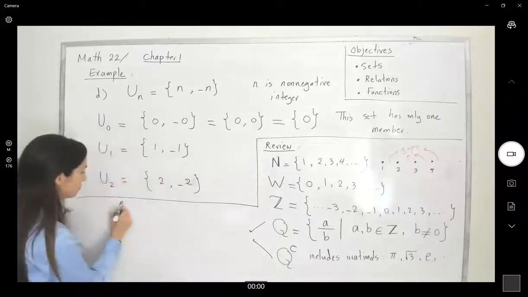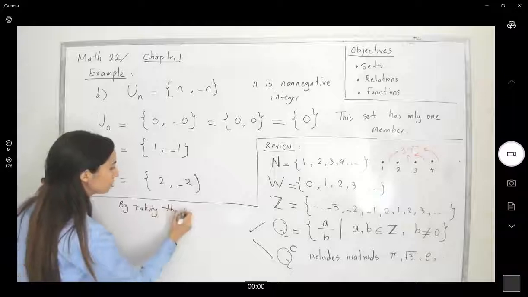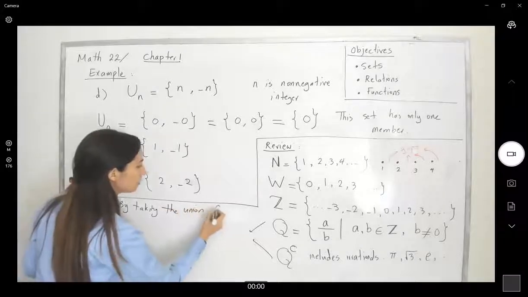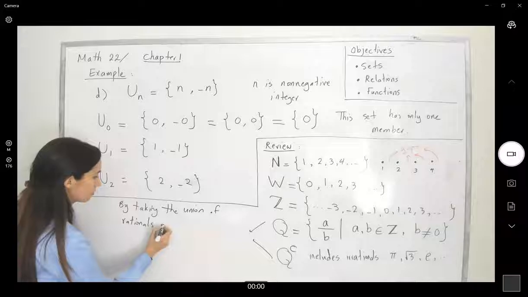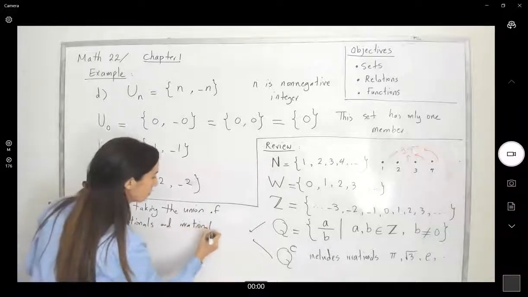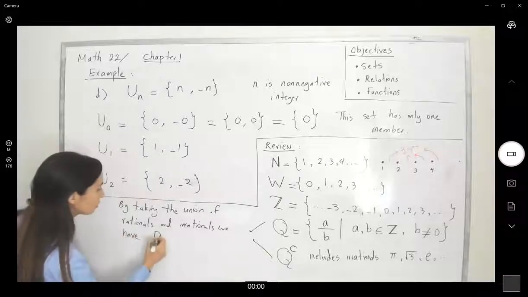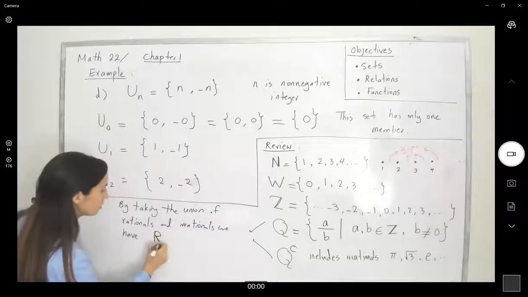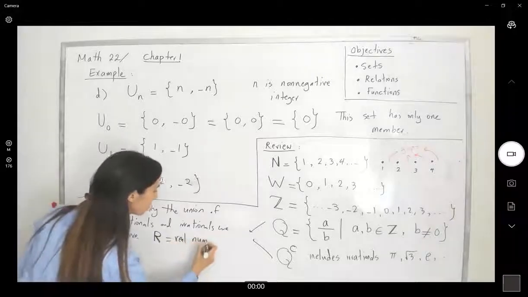By taking the union of rationals and irrationals, we have R, or real numbers.